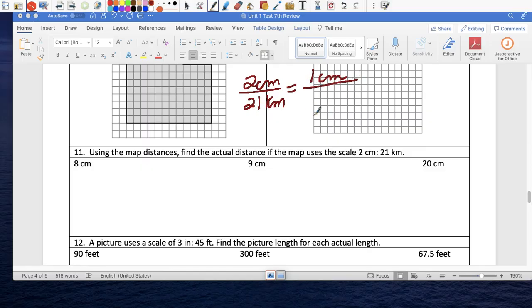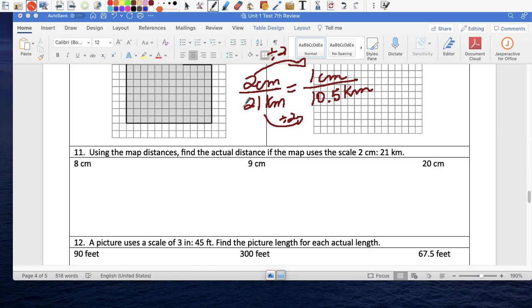You can. I don't see why you shouldn't. So let's divide by 2, which means I divide this by 2. So every 1 centimeter is 10.5 kilometers. If this doesn't bother you, you can keep it as 2 centimeters to 21.